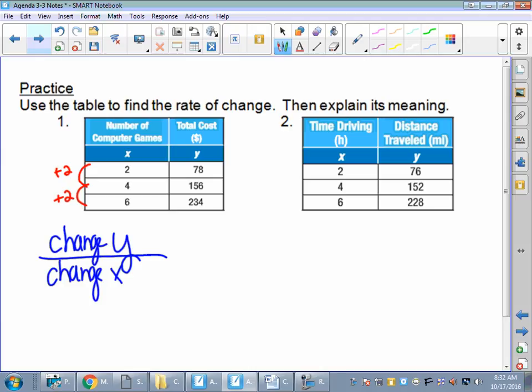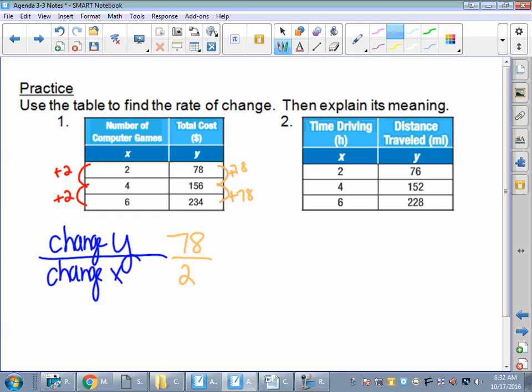How is our total cost for our computer games in this first table changing? It's going up by how much? Should be 78 if I'm doing my math right. So it's saying for every 2 computer games you buy, your cost increases by $78. So what would that mean?